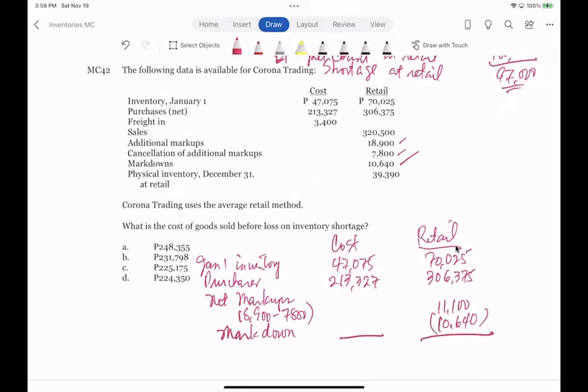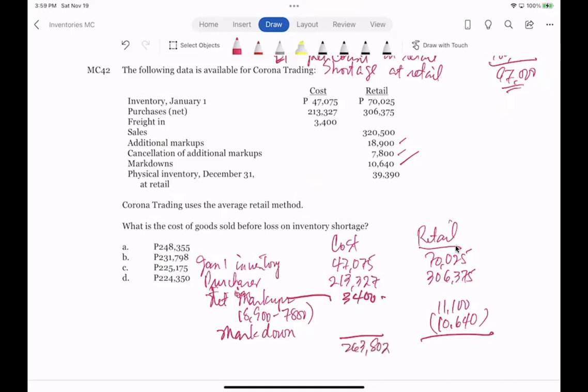So we have 47,075 plus 213,327. Add freight in, which I omitted, and freight in amounted to 34. Therefore, this is 263,802.